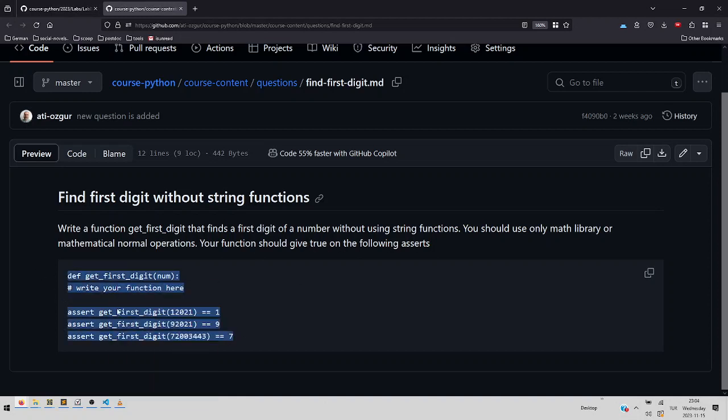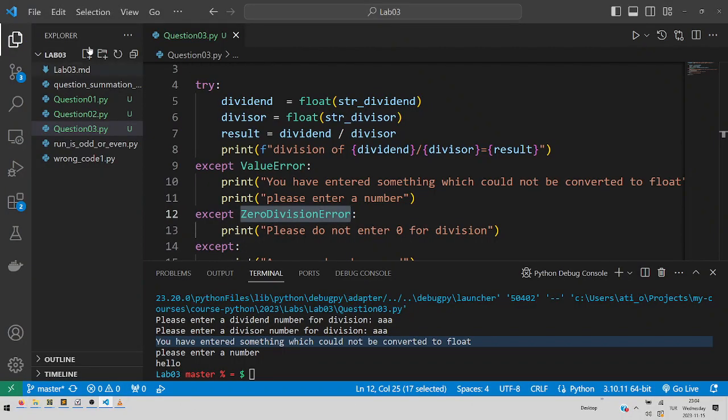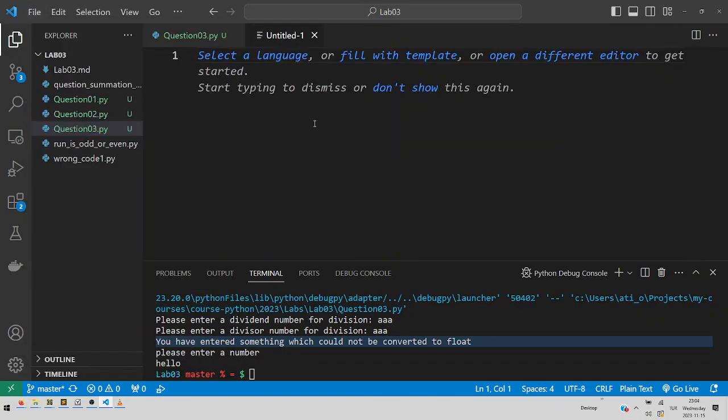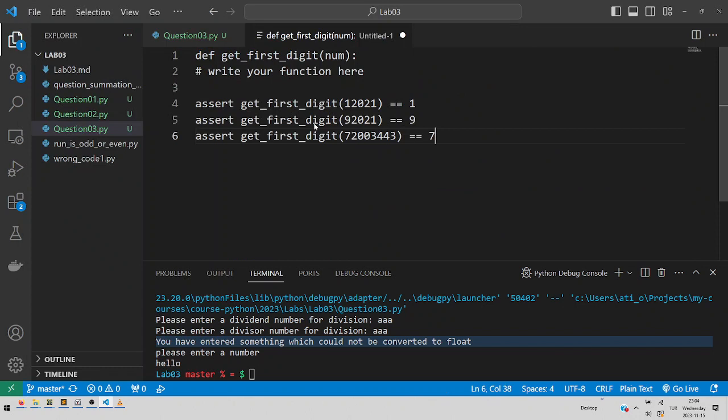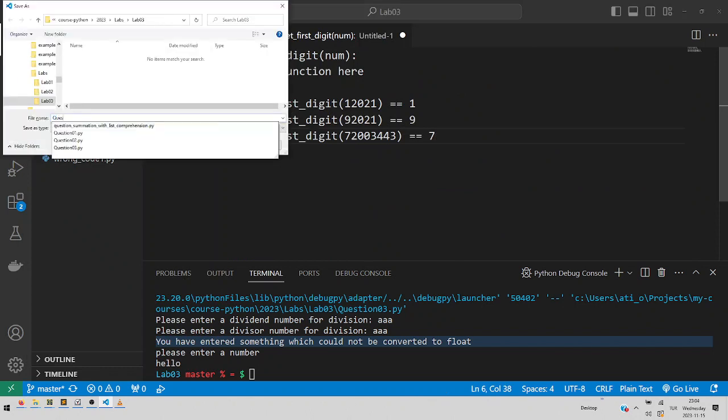Okay, let's check it here and put a file, new text file. Save as here question 0.4 and this find first digit without string functions.py.